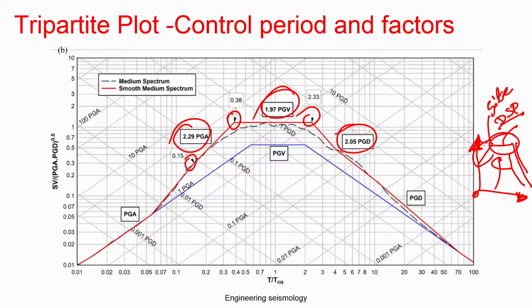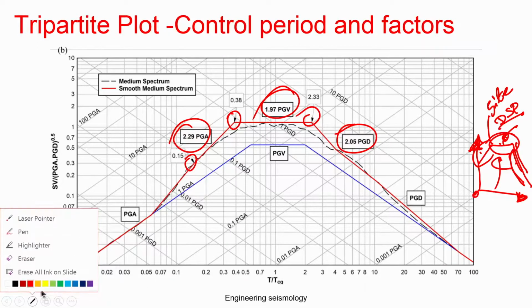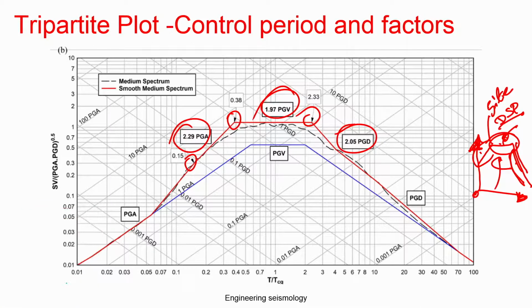Both may affect, but the Indian code only recommends it here. As of now, the code is based on old data only for this part, while Western country codes have variation in both. So our code design spectra need to be updated after proper research and understanding. The spectra in the acceleration-sensitive, velocity-sensitive and displacement-sensitive regions are completely different.